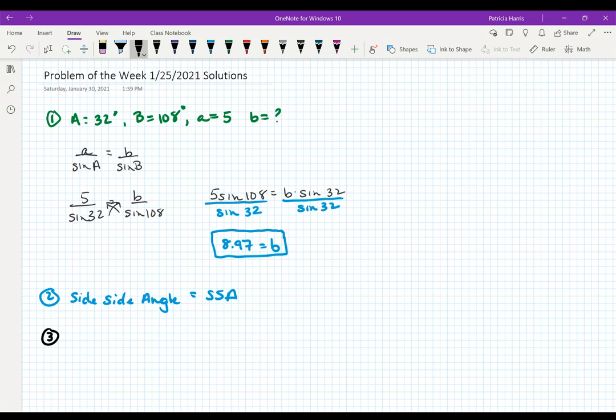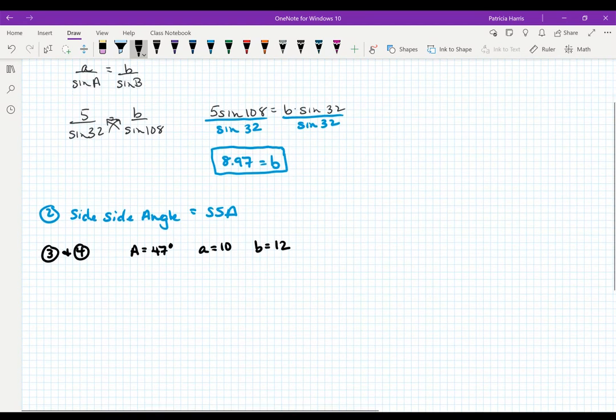Okay, number 3. The following given information will result in two triangles. What are the possible measures for the angle B? We're going to go ahead and do 3 and 4 because they're kind of linked. So A is equal to 47, little a is 10, little b is 12.